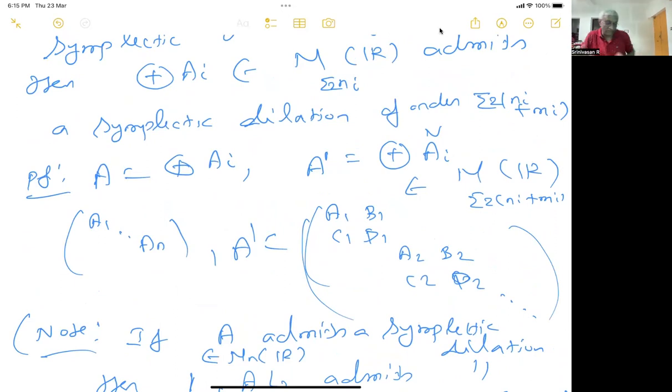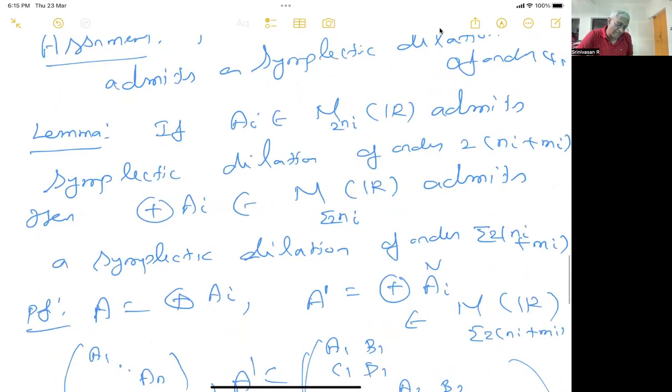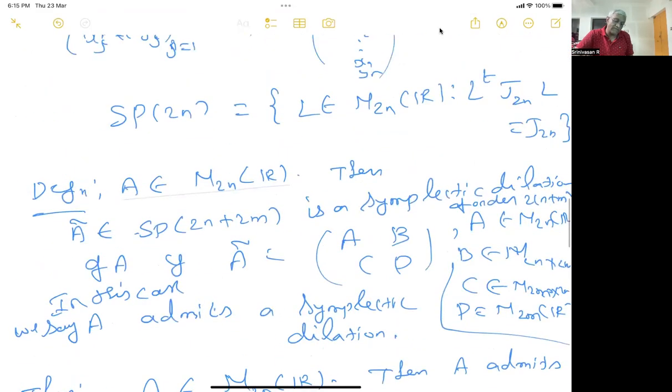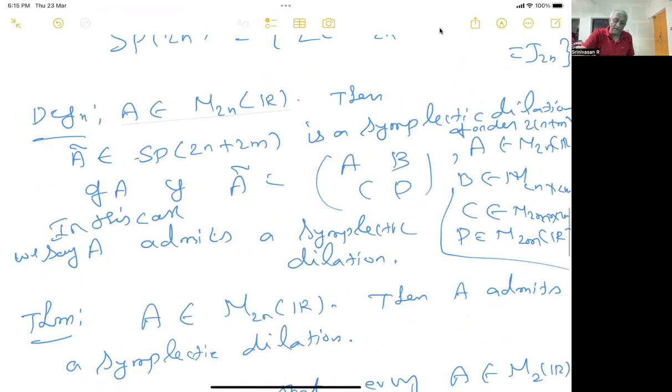Even in the definition, I forgot to remark: when you want to talk about symplectic like this, you need to use this J2N, not the earlier one. The earlier one will become minus I, but the A will be here. It doesn't make sense. This is the right definition.